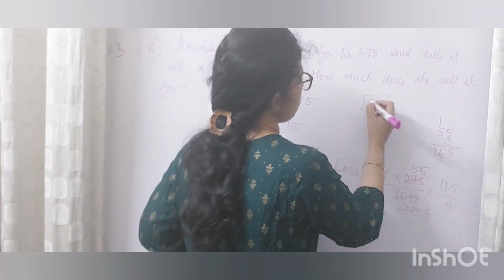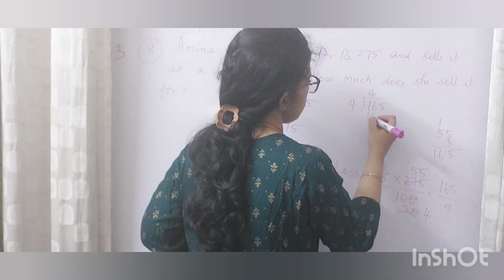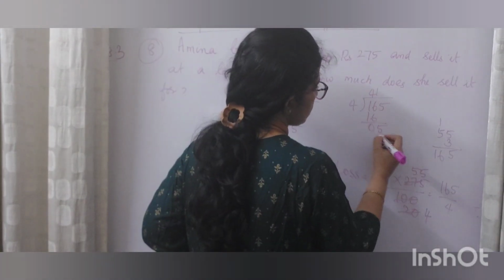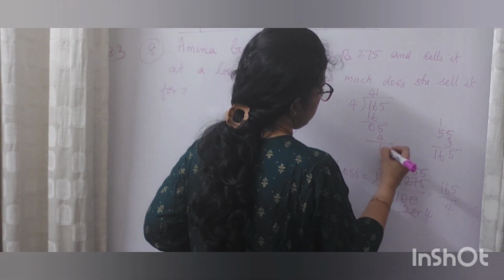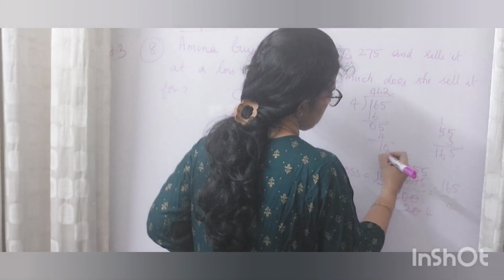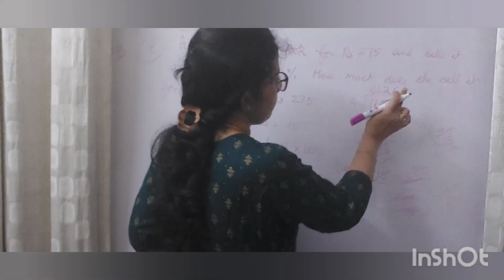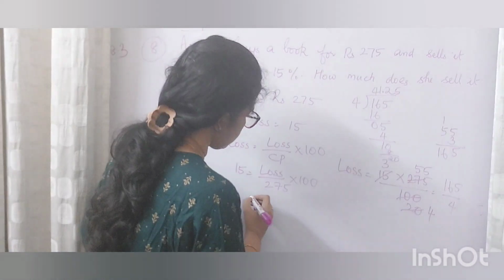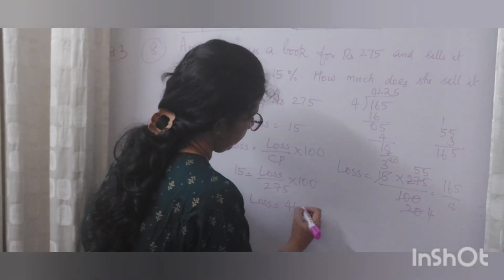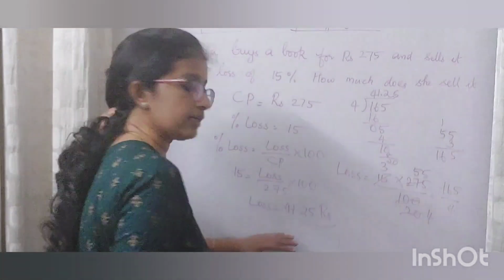So what is the answer? 4 4s are 16, 0, so 5, 1 4 is 4, 10, 2 4s are 8, 20. So 41.25. Loss is equal to what? 41.25 rupees.